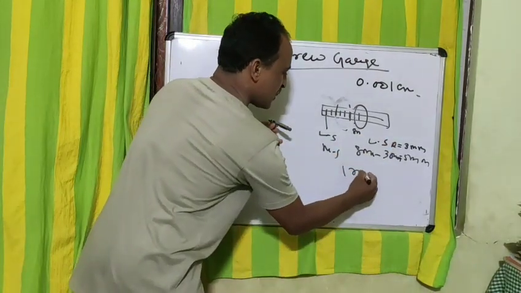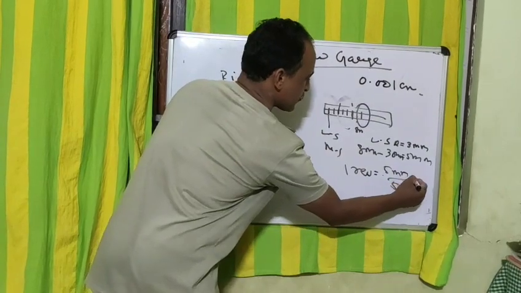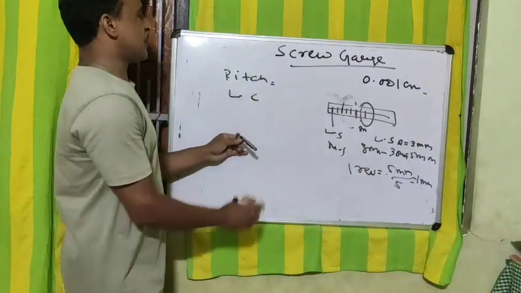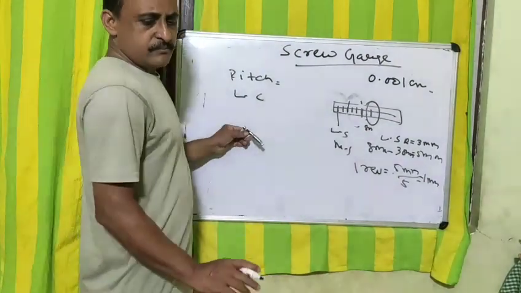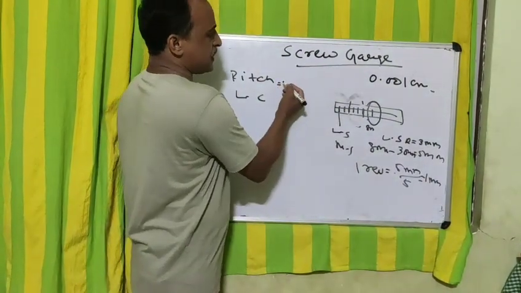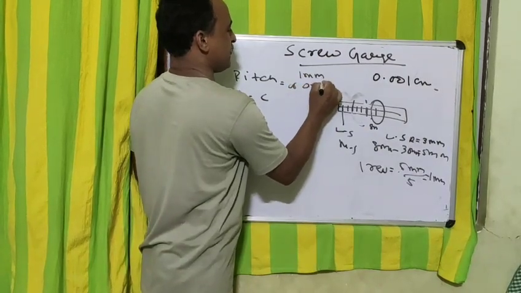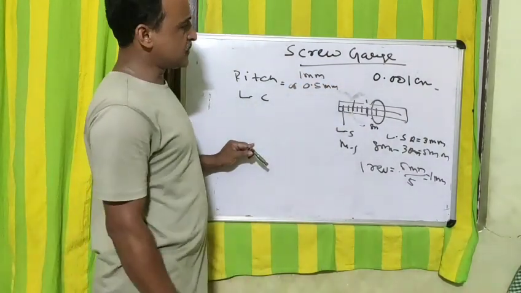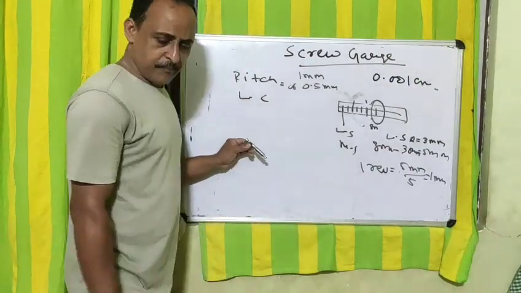In 1 revolution it is 5 mm divided by 5, which is 1 mm. So the pitch of the screw is 1 mm. Generally, the pitch of a screw is 1 mm or 0.5 mm.